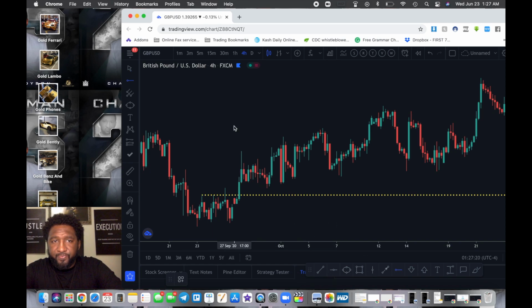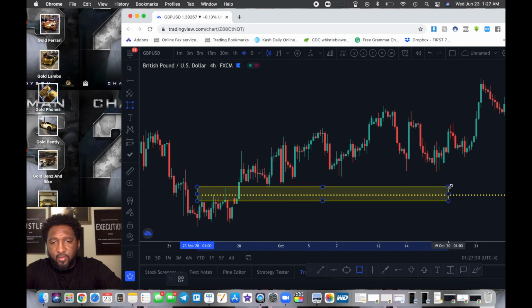Now remember, or I shouldn't say remember, let me tell you this. When I put these straight lines on the chart, I want you to think of this as a zone itself. So the market doesn't have to come all the way down and touch this line. See this wick right here? This is a zone. Okay?